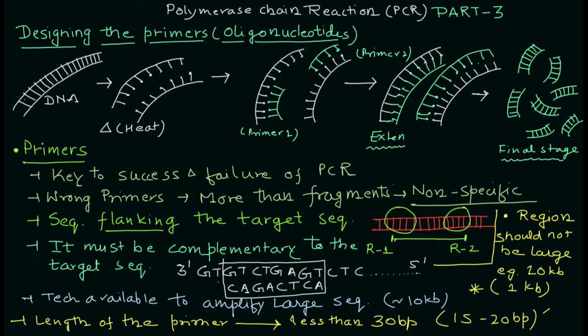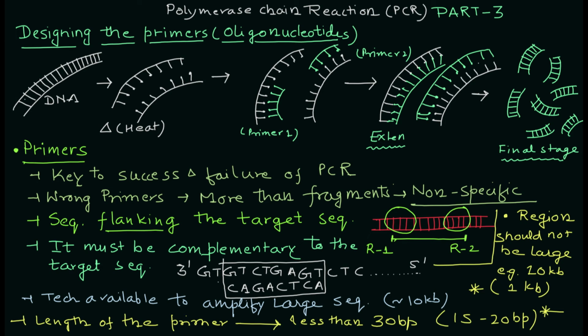Because if you have really, really short oligonucleotides, they are going to have non-specific binding. And if you have larger sequences, your binding will be reduced. So that's why you need a length of the primer that is optimum.